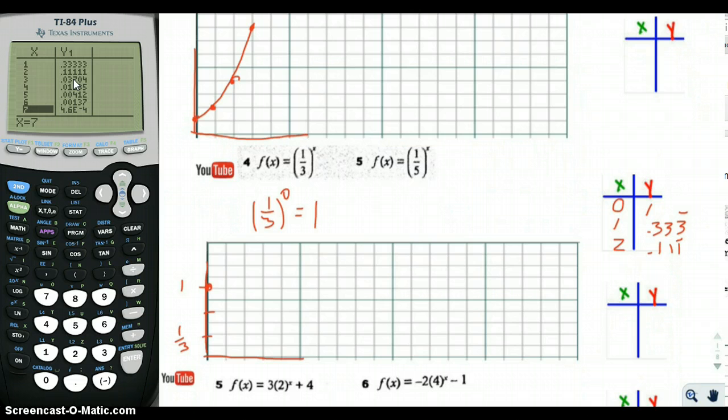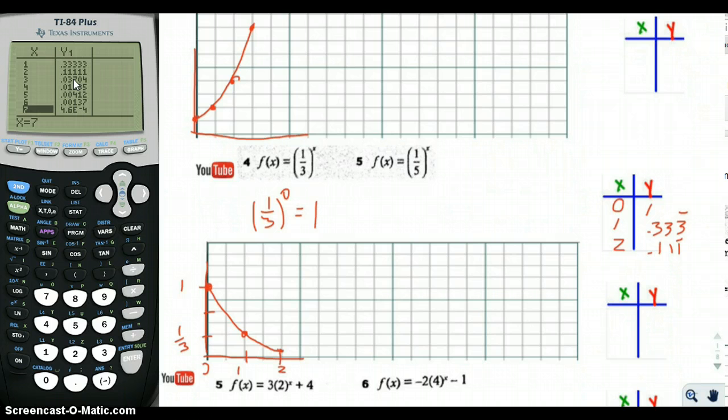X equals 1, y equals 0.333, which is 1/3. Okay, so we put 0, 1, and 1, comma 1/3. Right, and then the last point is 2, comma 0.1111. So that would be about there. Okay, and then we'll connect the dots.